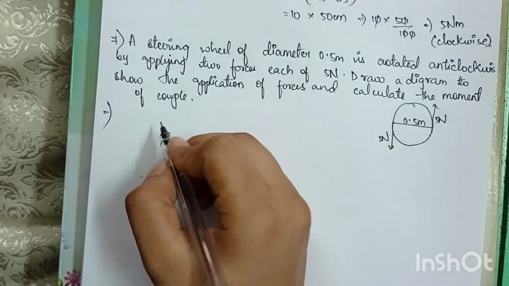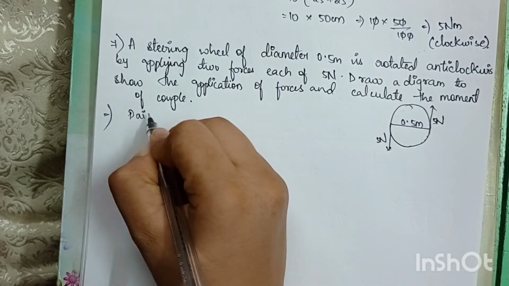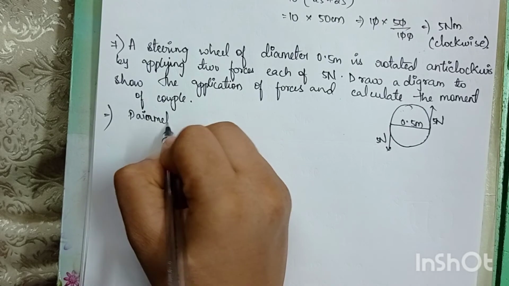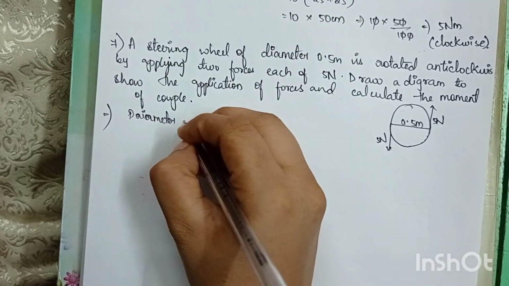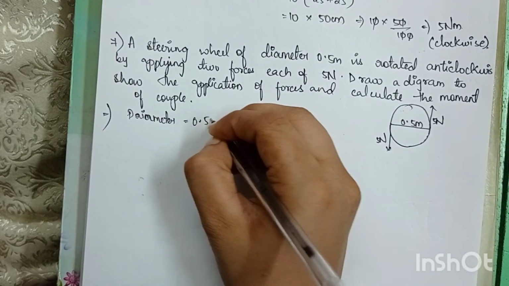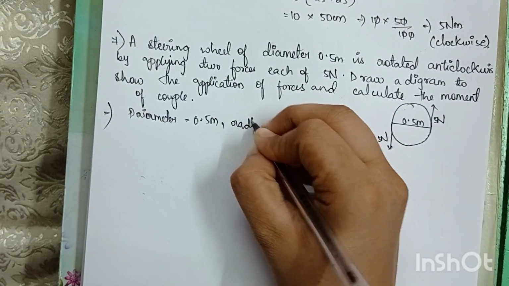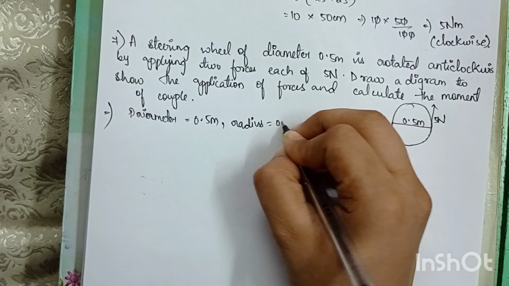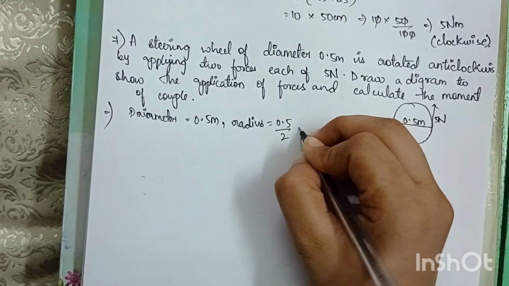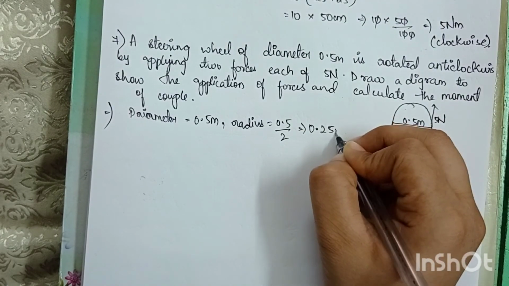So the diameter, we will write here, diameter is 0.5 meter. So radius is equal to 0.5 by 2, which is 0.25 meter.